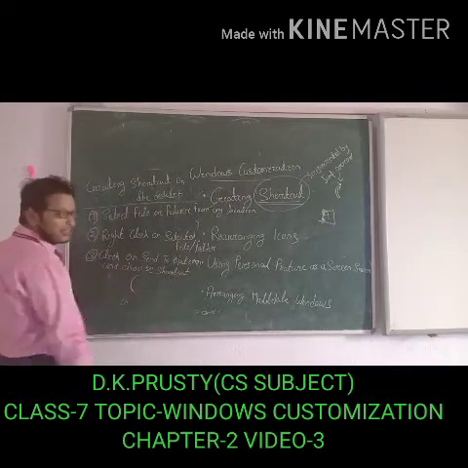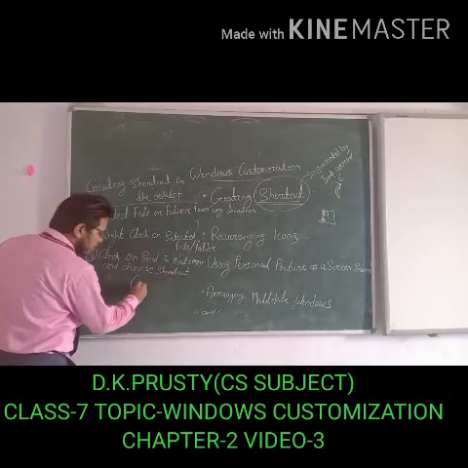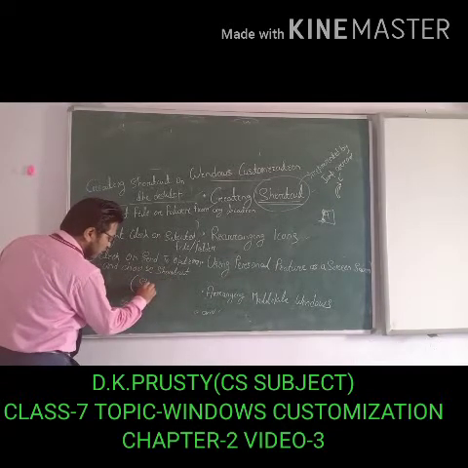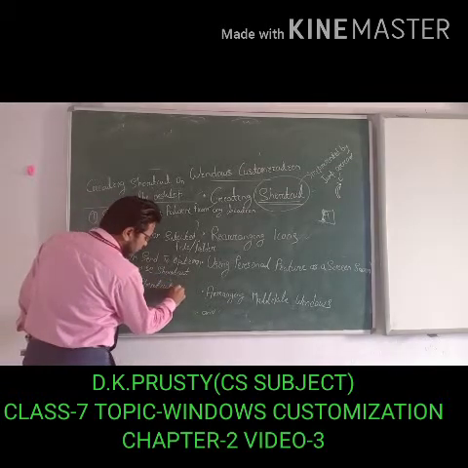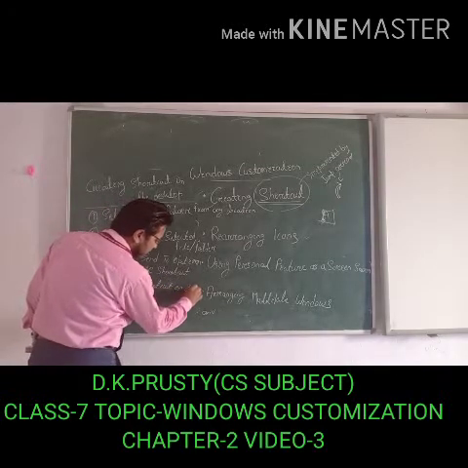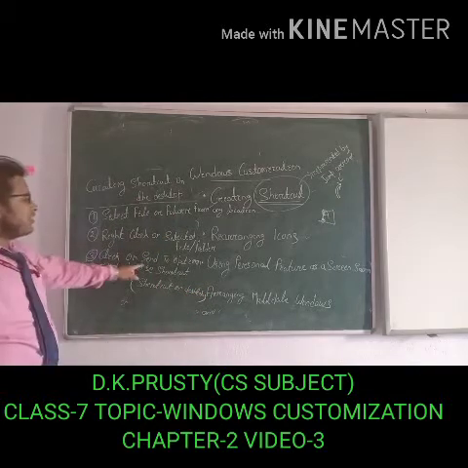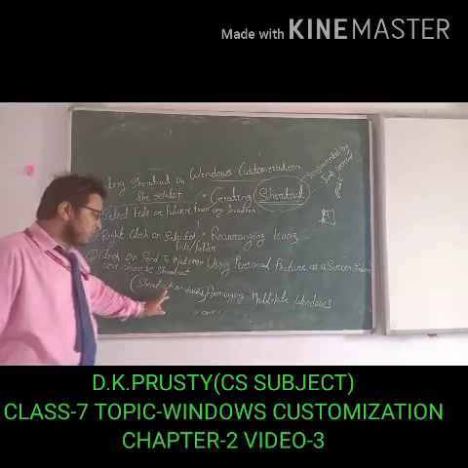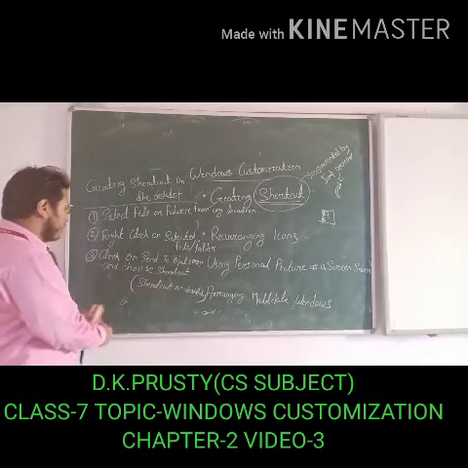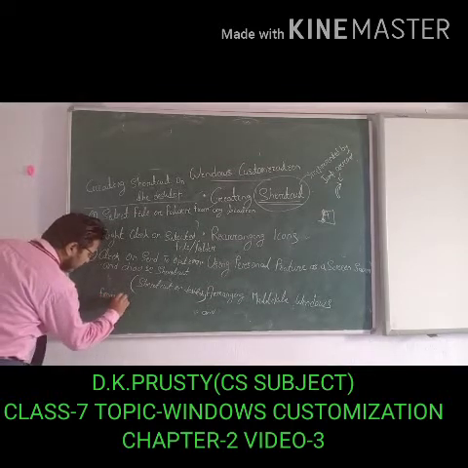Inside the bracket, what is written? Shortcut on desktop. Okay, students. That means click on the send to option and choose shortcut, that means shortcut on the desktop, from the context menu.